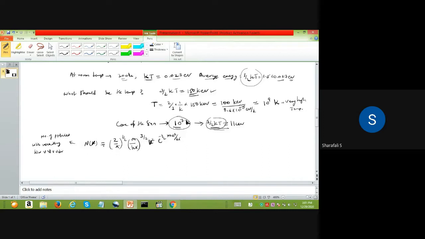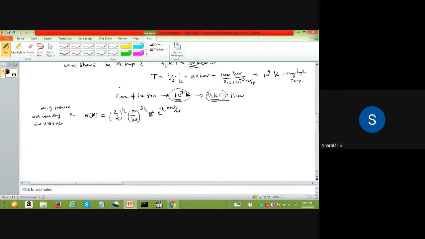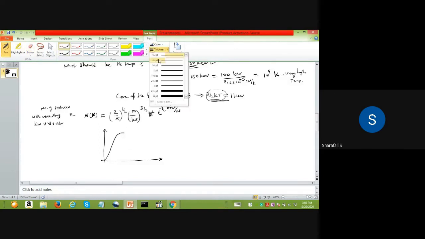If you draw this distribution, it will go like this, increasing, with a small shift in this region, and then decreasing.